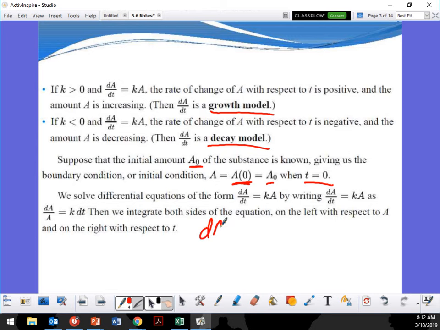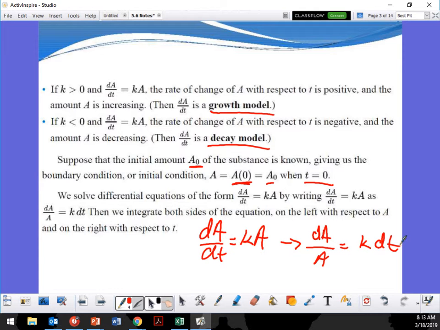So we have dA/dt equals kA, multiply both sides by dt, and then divide by A. So right here, it's going to multiply by dt and then divide by A. So I should end up getting dA over A equals k dt.